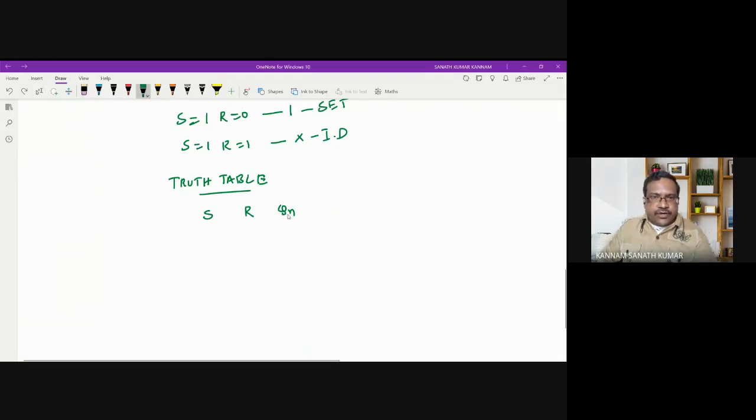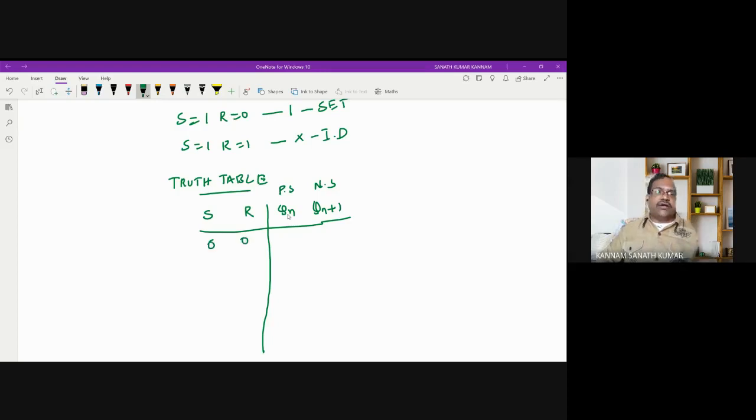Here Qn is the present state and Qn plus 1 is the next state. So there are three inputs. We have 0 0, and Qn is the present state. We can't know the present state, and in digital terminology there are two values, 0 and 1, so we divide this into 0 0 0 and 0 0 1.